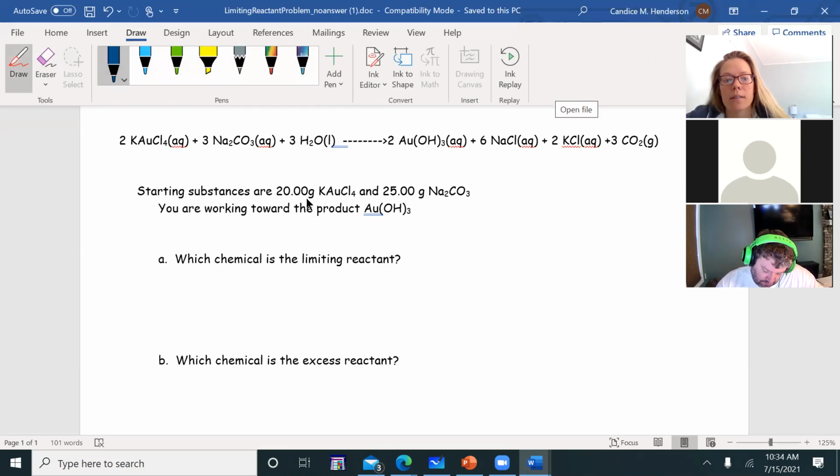It says the starting substances are, you have 20 grams of the KAuCl4. So we know something about this. And it also says we have 25 grams of the Na2CO3. It says you are working towards the product Au(OH)3. So you're working towards this thing. All right. Which chemical is the limiting reactant? Which chemical is the excess reactant?